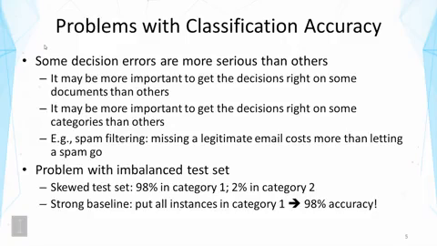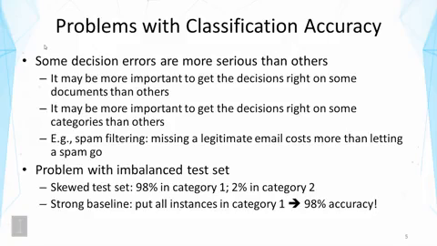The two types of errors are clearly very different, because it's very important not to miss a legitimate email. It's okay to occasionally let a spam email come into your inbox. So the first error, missing a legitimate email, is of high cost. It's a very serious mistake. And classification accuracy does not address this issue.